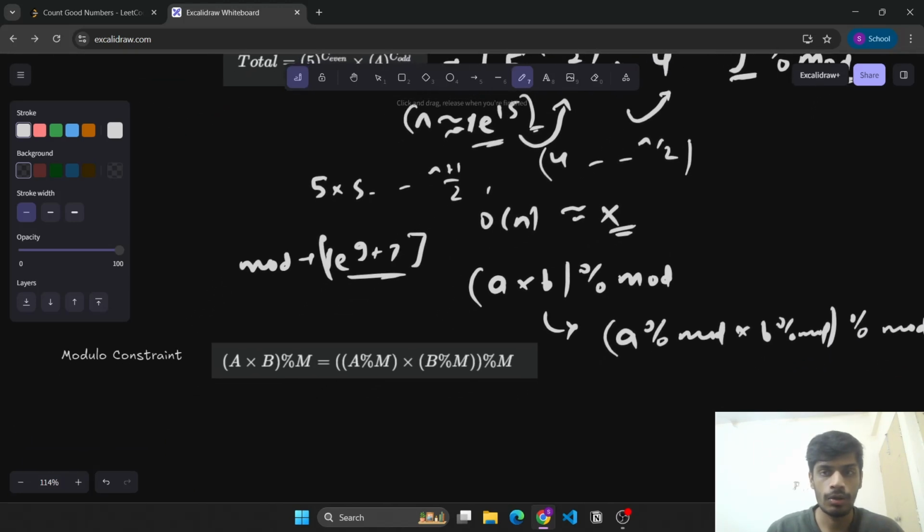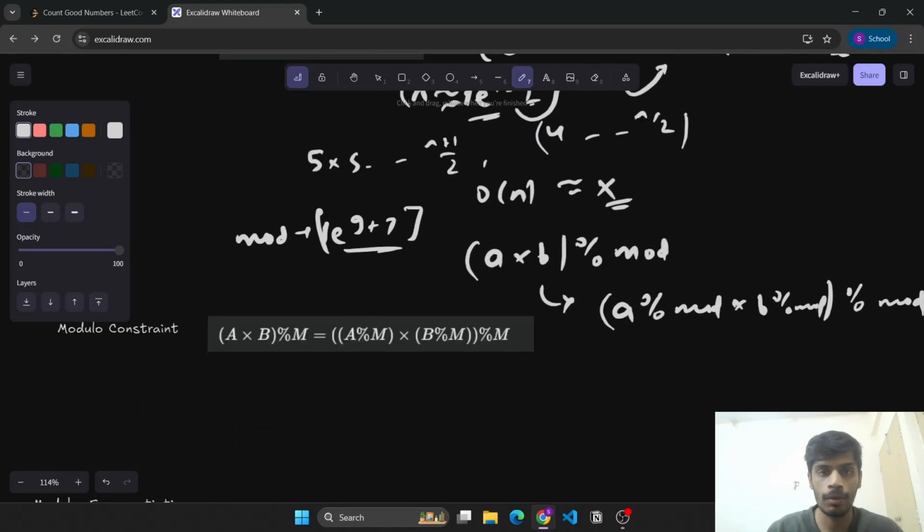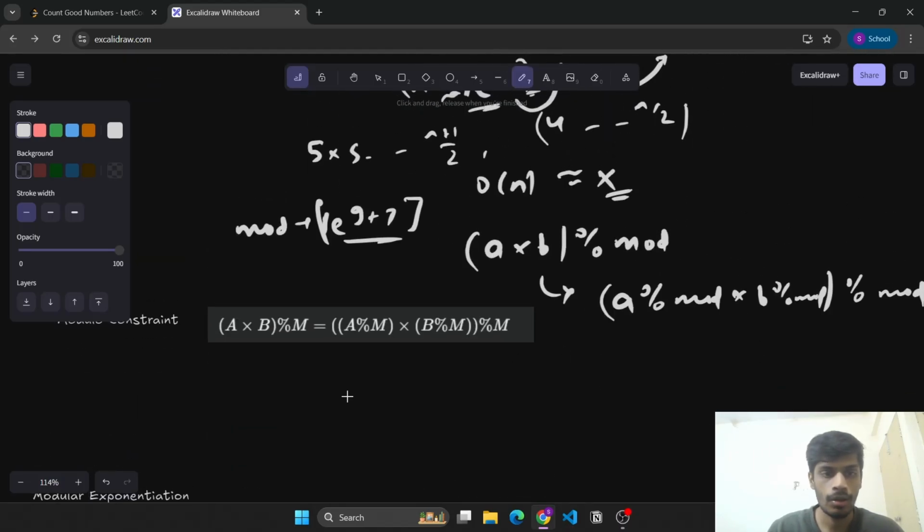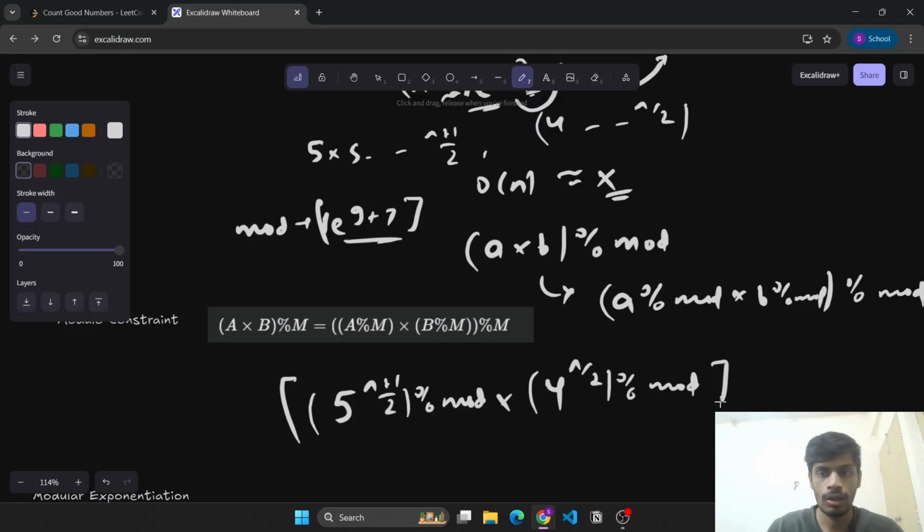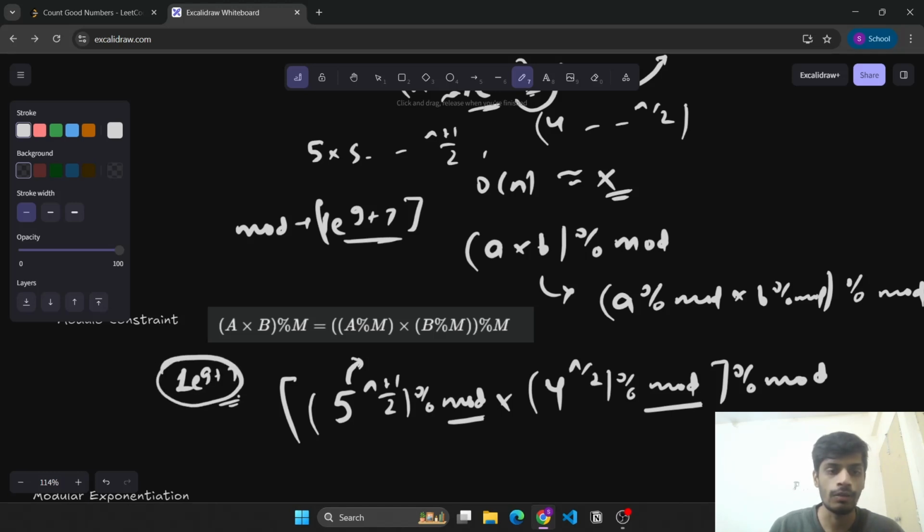So hence we can rewrite the above formula as 5^((n+1)/2) % mod into 4^(n/2) % mod, and the overall mod. Why are we taking mod here? Because these values will be very large. Hence we are taking it mod with 1e9 plus 7 so that it stays in the range of integer values.